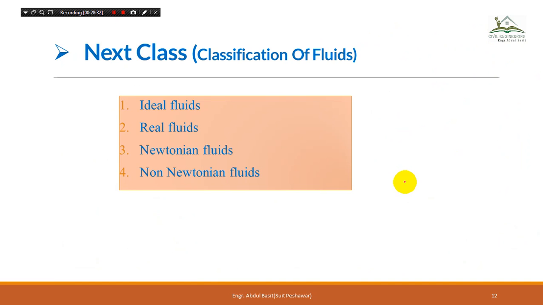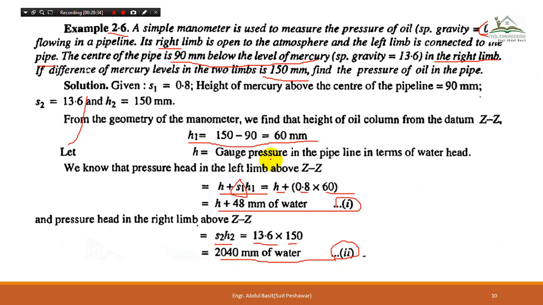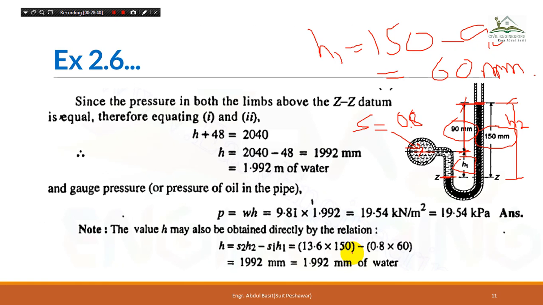If both the things are given, you have to use them, and now equate both the equations, as this is a balanced pressure situation. So both in the right limb and left limb the pressure will be the same. This is now H for you, that is the pressure head of the fluid in the pipe.